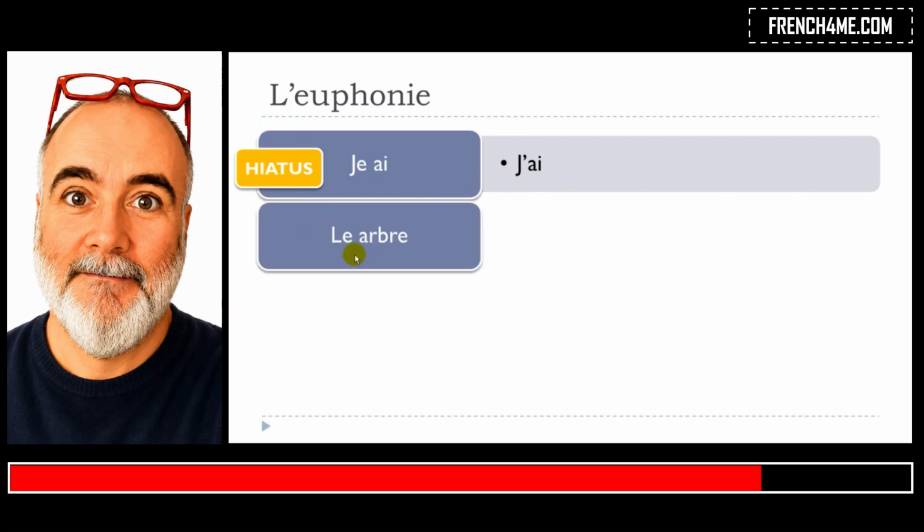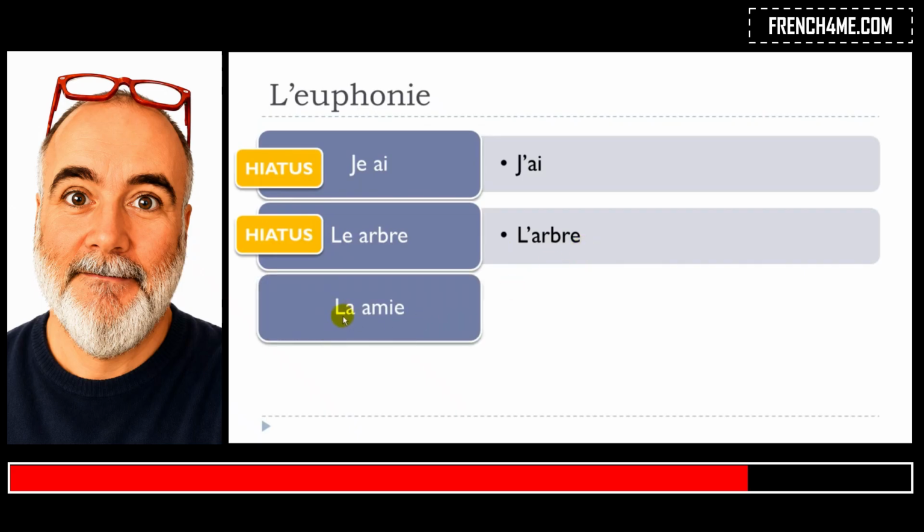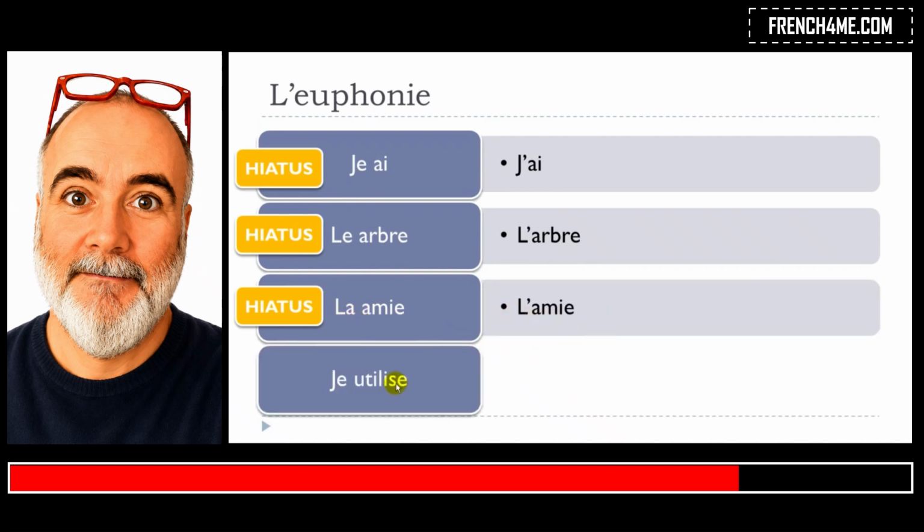In the same situation, when you get le arbre, you get this hiatus, and then you will have to take away your e just to get this l'arbre form. Same thing here, la ami. You take away your a, and then you will get l'ami. And finally, here, je utilise, same situation.